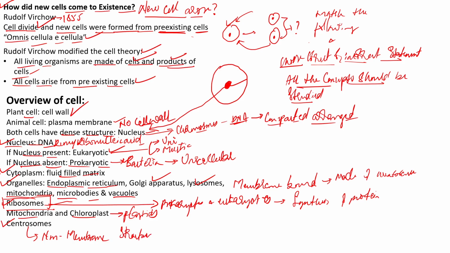Organelles are mainly made up of membranes, except ribosomes and the centrosomes, which are non-membrane structures. And the centrosomes are exclusive structures, not found anywhere except in eukaryotes.